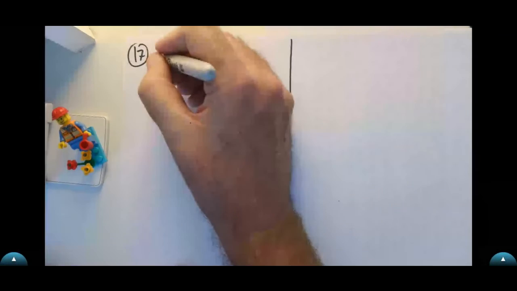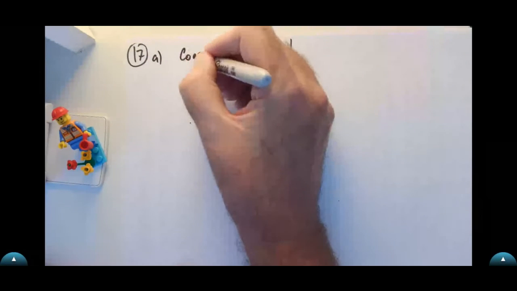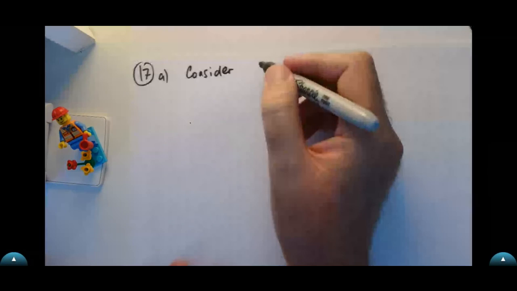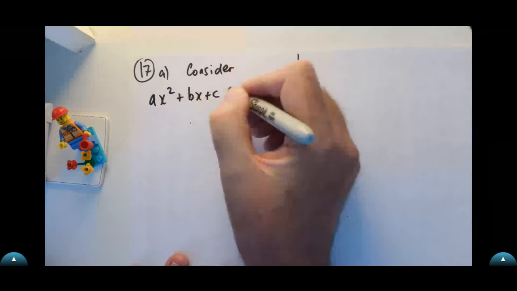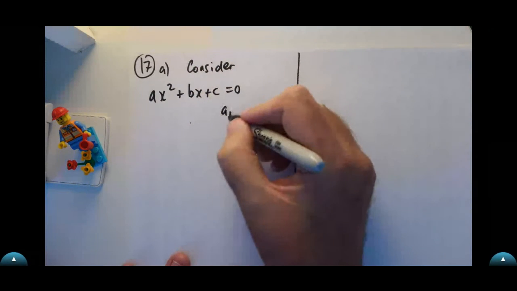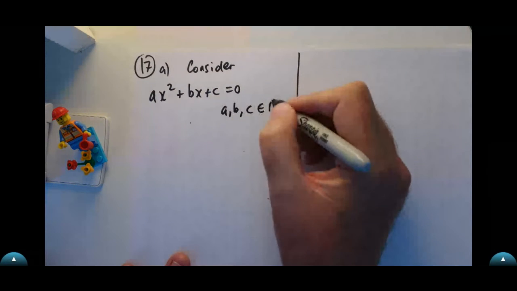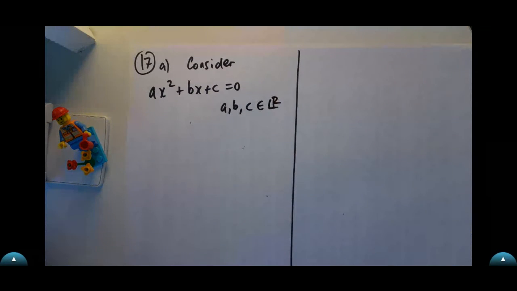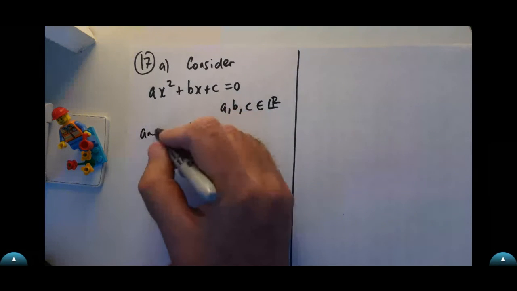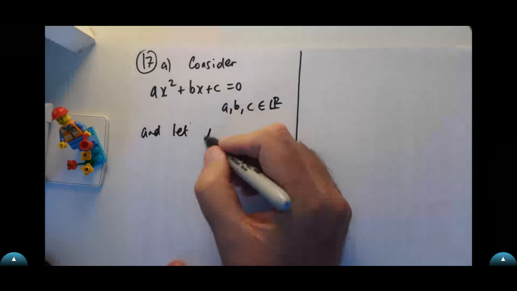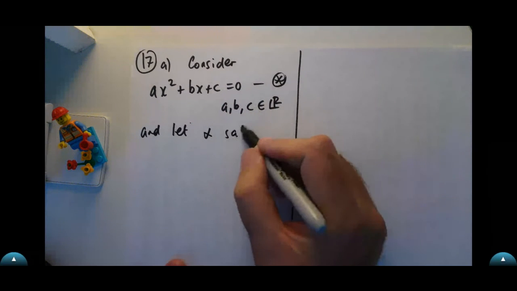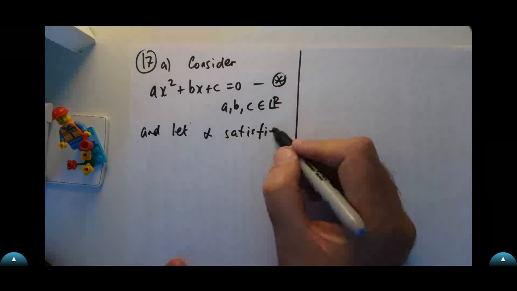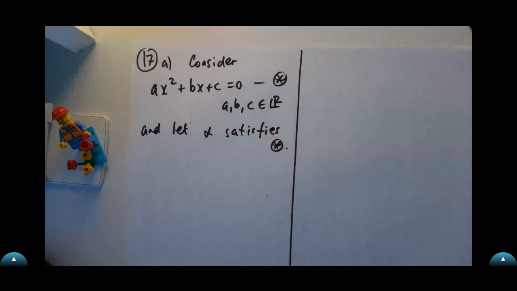All right, so consider the following, where A, B, and C are real numbers. And we're going to let alpha be a complex number that satisfies star.